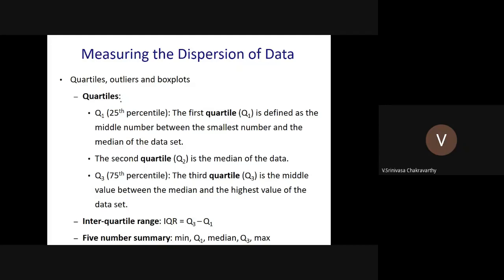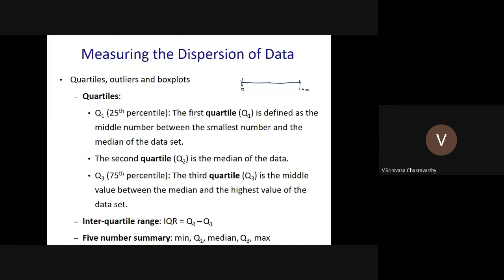So if you look at quartiles, you order the numbers from the first number to the last number. Let's say from 0 to 100 or something like that. The last is 100, and on this scale there could be 10,000 points, but I'm just representing them on this scale.